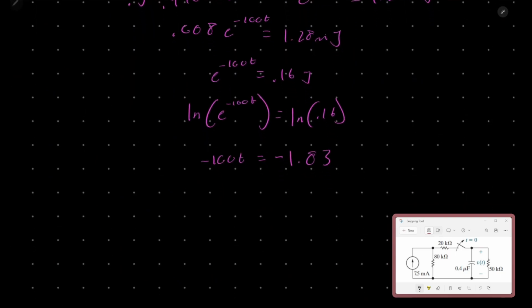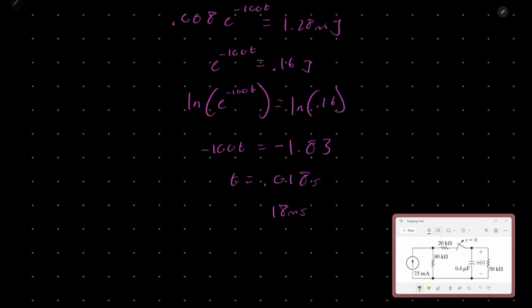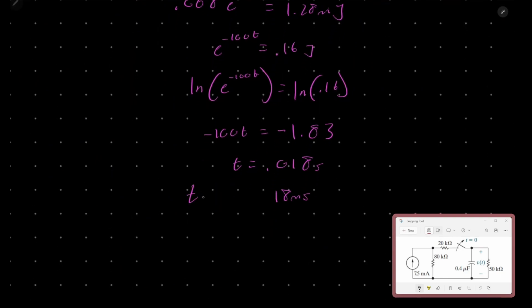Then we divide by negative 100, and we are left with t equal to 0.018 seconds, or 18 milliseconds. And that is our answer for that question.